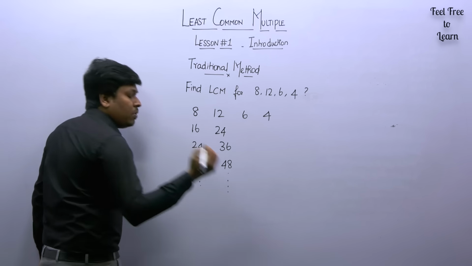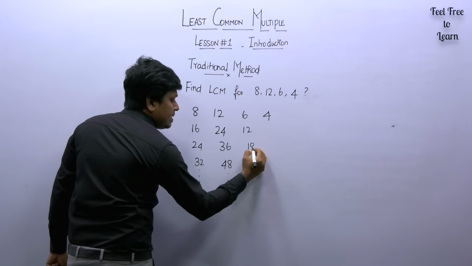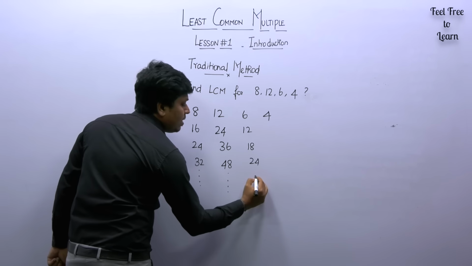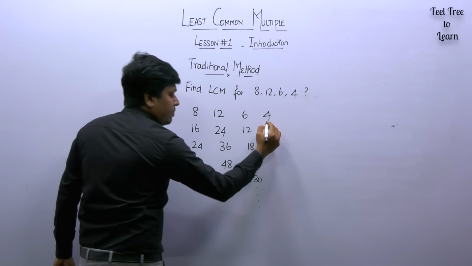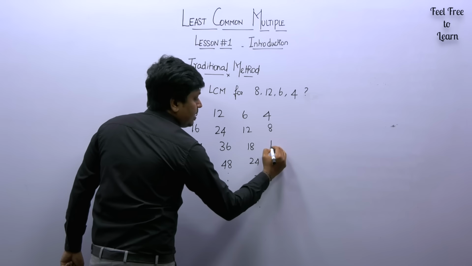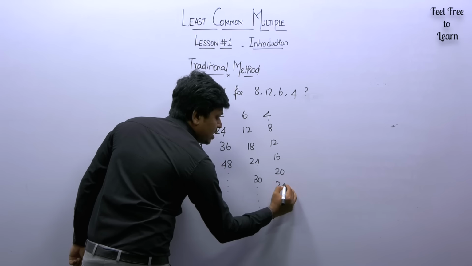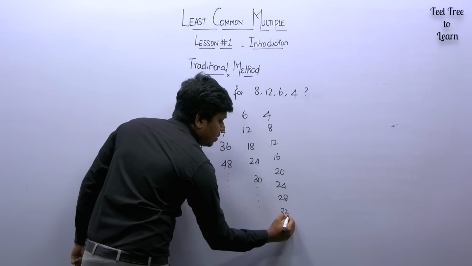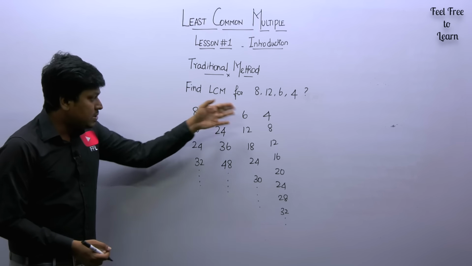Similarly, it goes on, right? 1 6 is 6, 6 twos are 12, 6 threes are 18, 6 fours are 24, 6 fives are 30, 36, it goes on. Similarly for 4: 1 4 is 4, 2 4s are 8, 3 4s are 12, 4 4s are 16, 5 4s are 20, 6 4s are 24, 28, 32. Similarly, it goes on. This is called the multiples of the number.